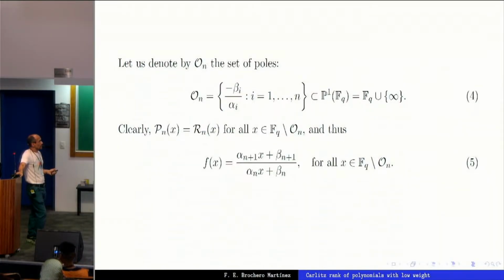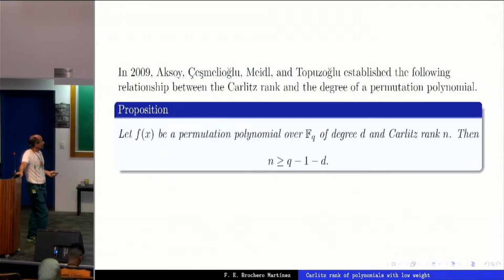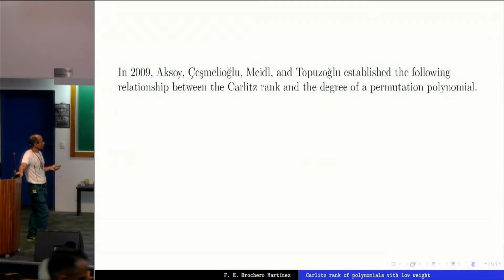Then the number of zeros has to be greater than the degree of the polynomial. Then we have this result from this author that for a permutation polynomial of degree d and Carlitz rank n, n has to be greater than q minus 1 minus d. That is a consequence of the representation.